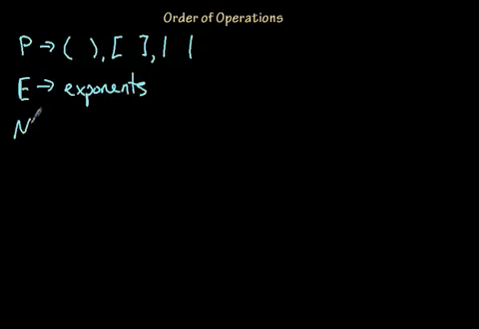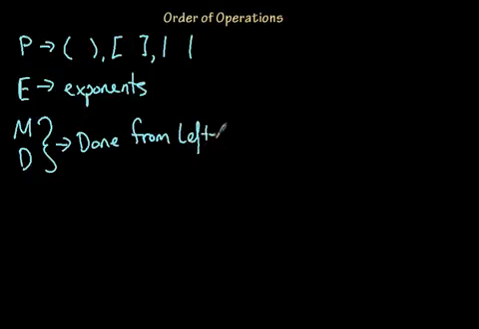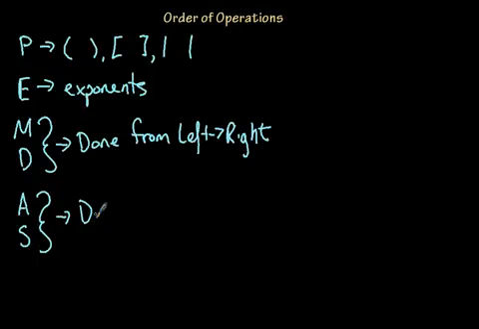After that is multiplication and division. Alright, and the way we do these, we do them from left to right, almost as if you're reading a book. Alright, and lastly what we'll do is addition and subtraction. And just like multiplication and division, they are done from left to right.